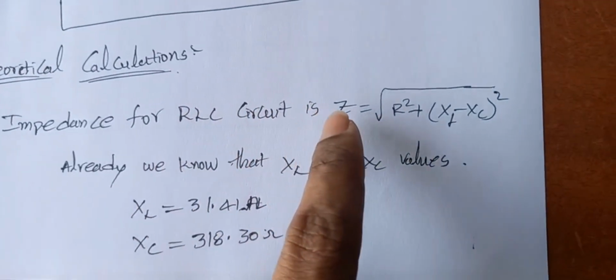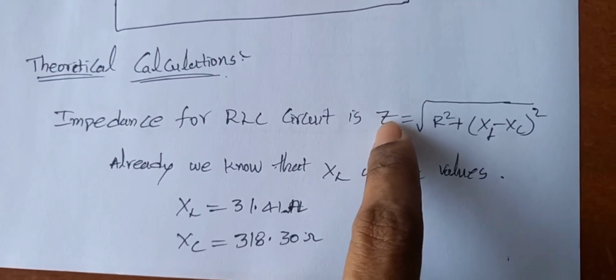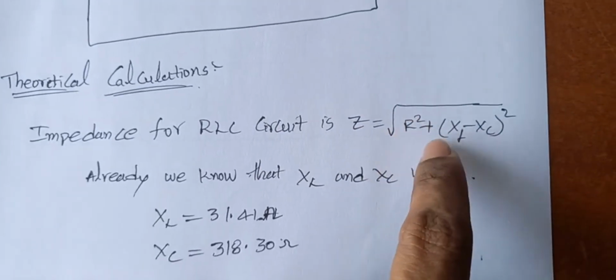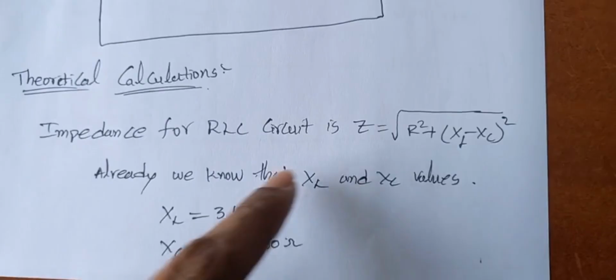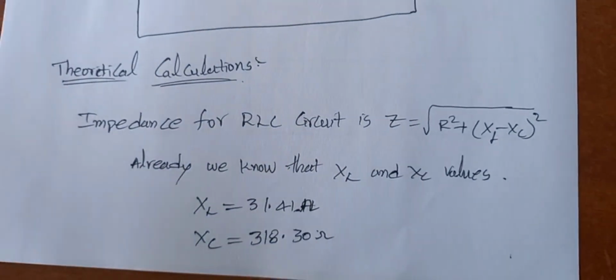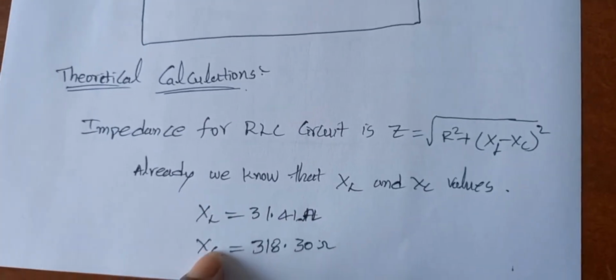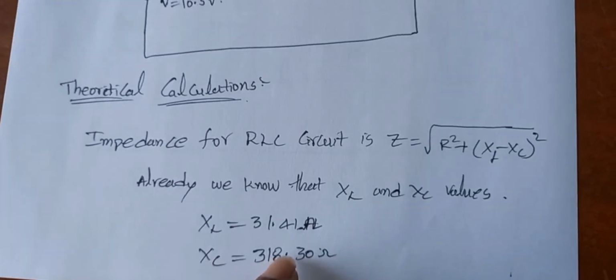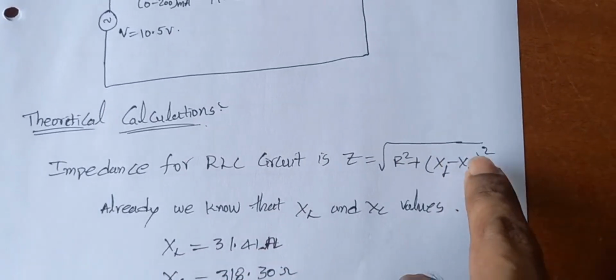So in the 3 combination, the impedance formula is Z equal to root of R square plus XL minus XC whole square. According to that, XL we already calculated in the RL circuit, that is 31.41, and XC we also calculated, that is 318.30. So these 2 values we are going to replace here.